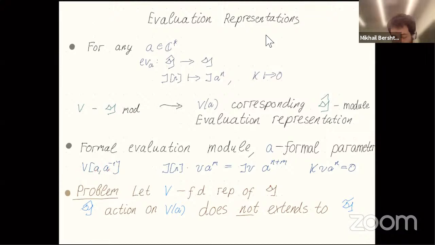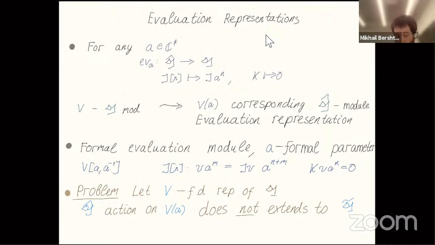Then the generator g_n acts as follows, and k again is 0. One can say that we have a map from this formal representation to the evaluation representation, which maps the formal parameter a to the complex number a.